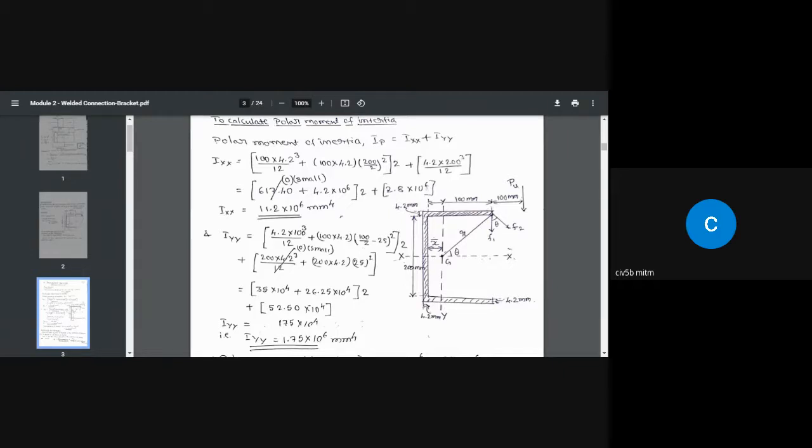So the perpendicular distance between those two is 0. As a result, the A h square term becomes 0, which is why I have not written that part. I have directly taken BD cube by 12, which is 4.2 multiplied by 200 cube by 12.